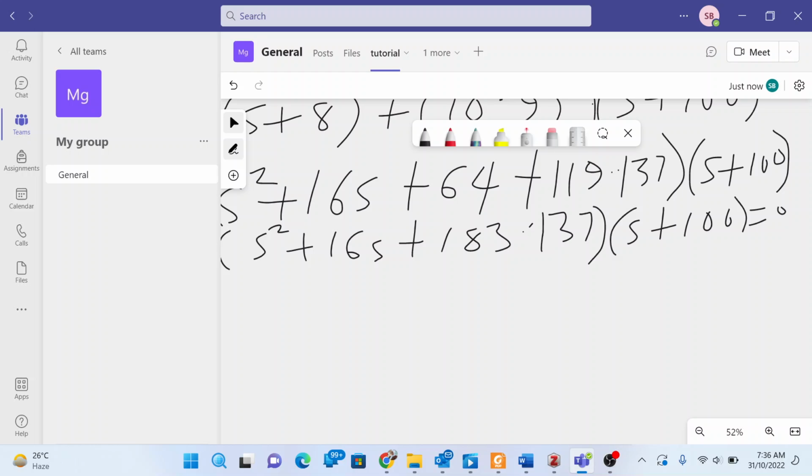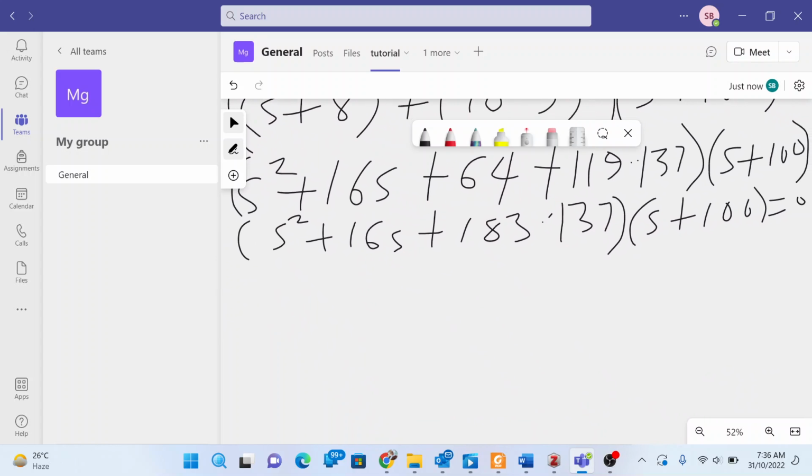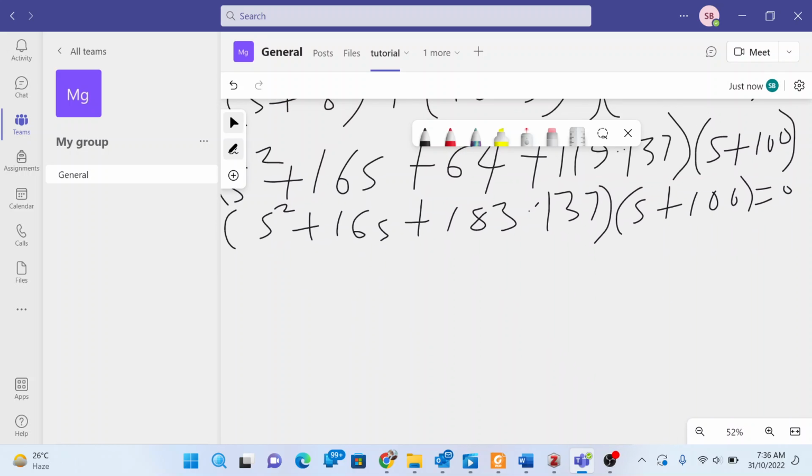We use S squared to multiply S and 100. So that will be S cubed plus 100S squared. We also use 16S to multiply S and 100, so that will be 16S squared, then 1600S.